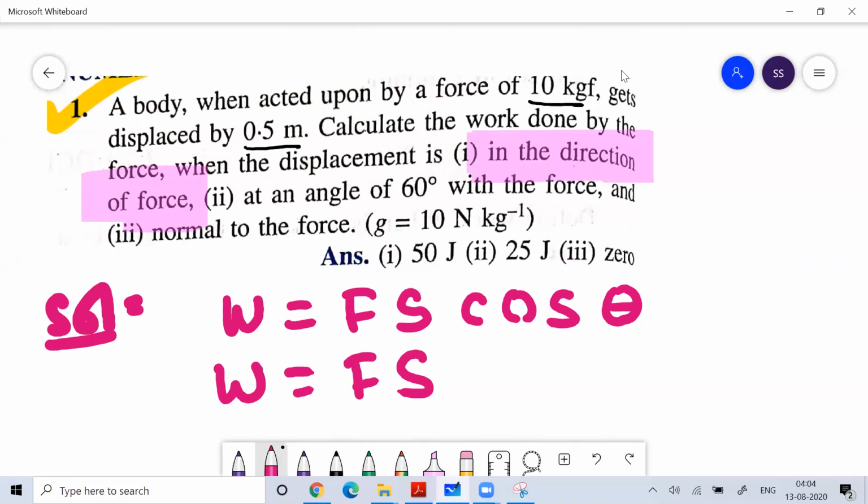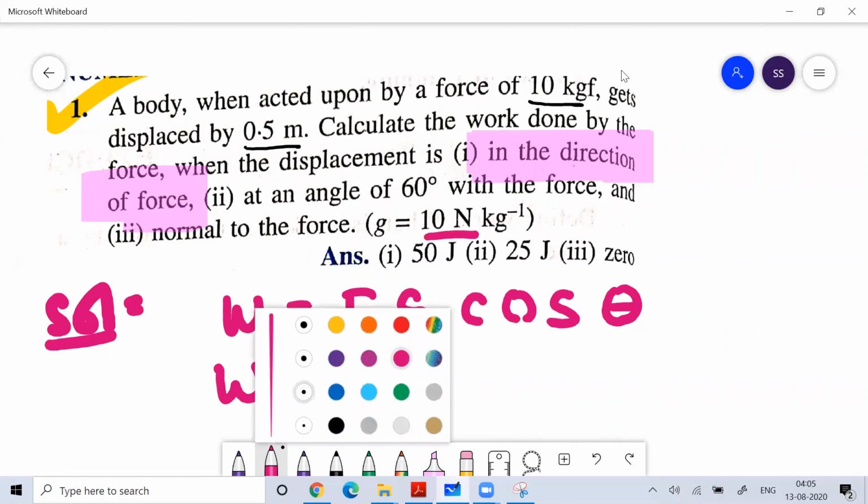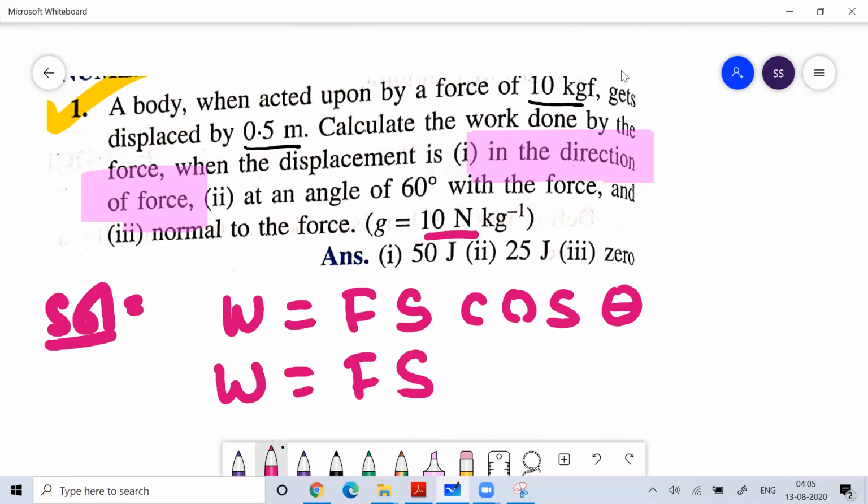Here the force is given as 10 kgf, and g is given as 10 Newton. As I already mentioned, if I want the work in joule, then the force should be in Newton. So I'll convert 10 kgf into Newton.